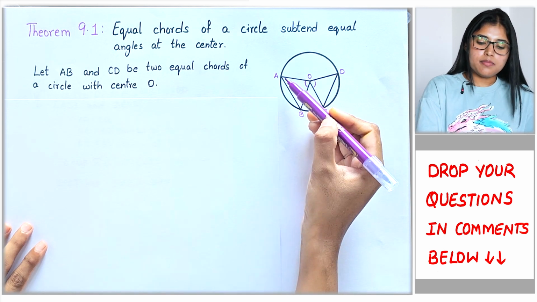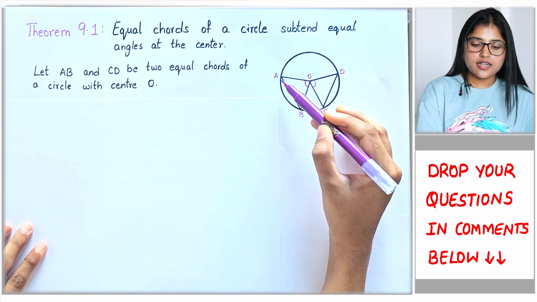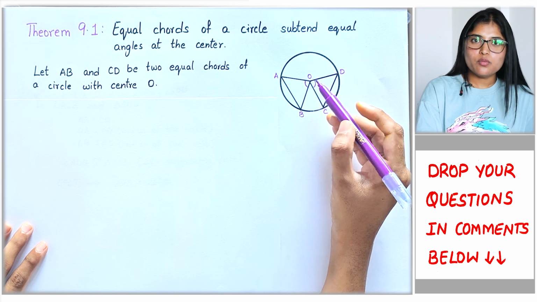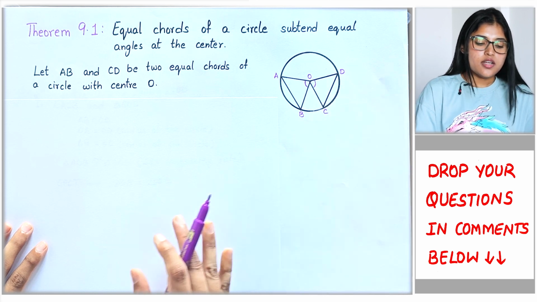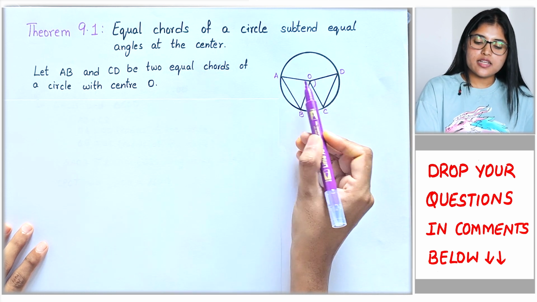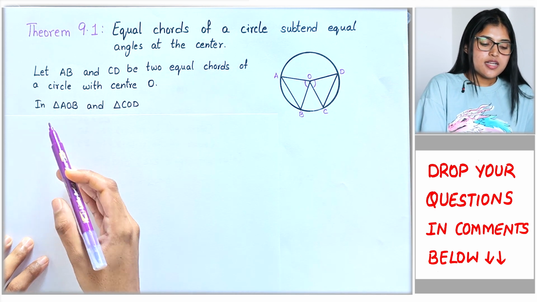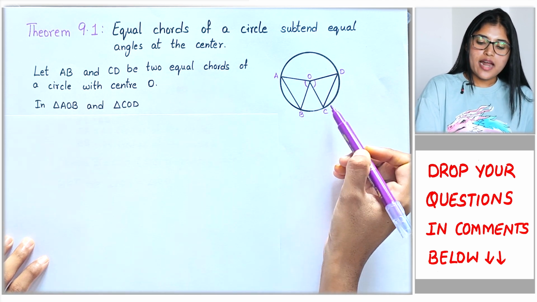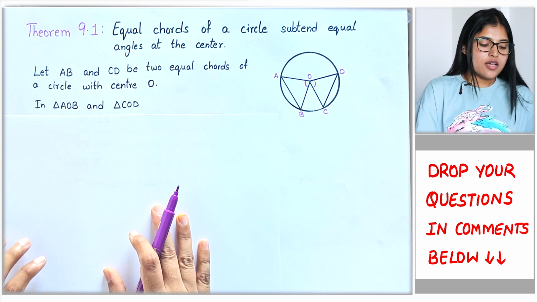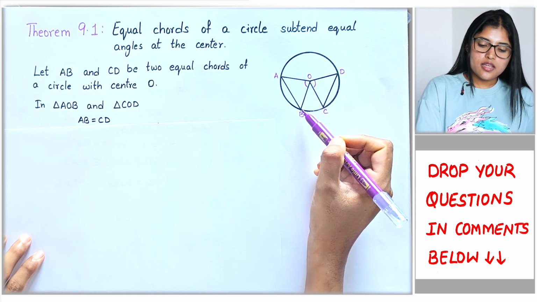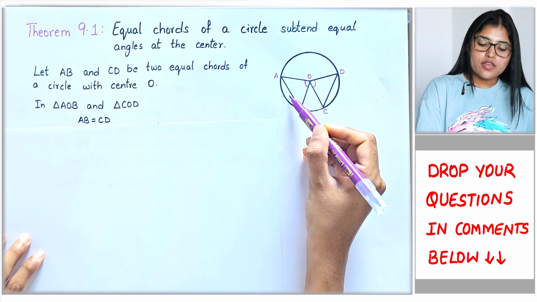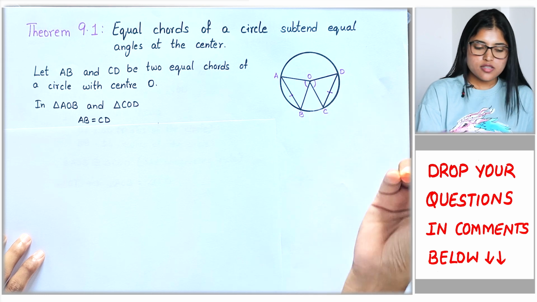So we said AB and CD are equal chords, that is they are equal in length, of a circle with the center O over here. Now I have joined these lines AO and OD and OB and OC, and I am considering triangle AOB and triangle COD. I can say that AB equals CD because we have considered them as equal chords.